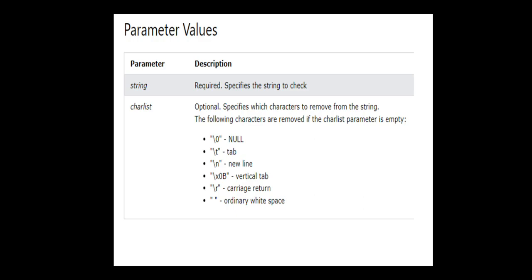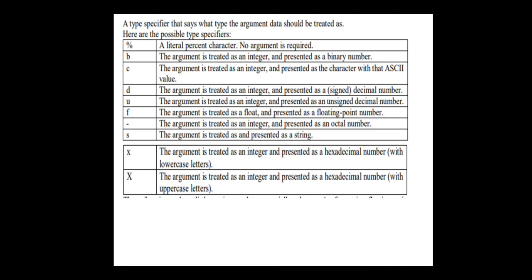Okay, so what is the description of the parameters? Next, a type specifier that says what type the argument data should be treated as. Here are possible type specifiers: percentage, a literal percent character, no argument is required. B, the argument is treated as an integer and presented as a binary number.